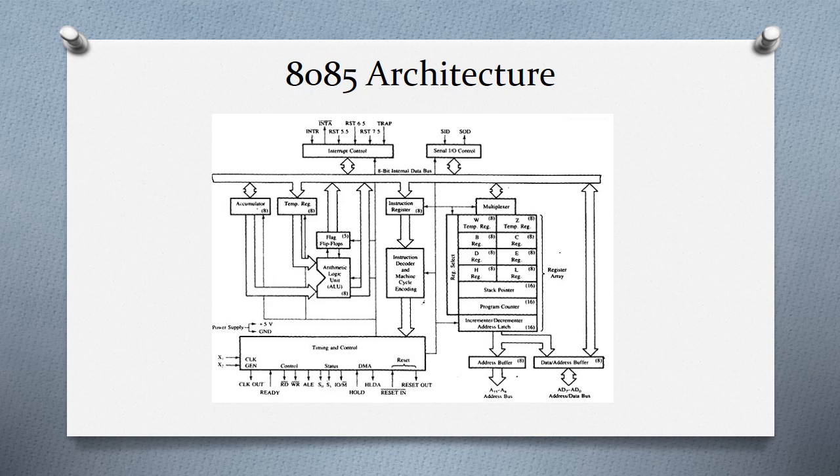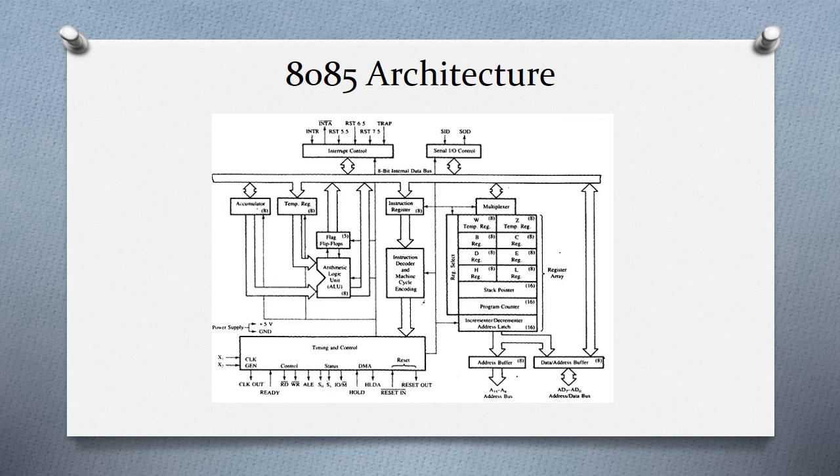When the processor executes an instruction, at the early part of the instruction execution, the address lines and data lines are multiplexed together. Once the memory or a register is selected, you will have a signal called ALE, the address latch enable signal, which will separate, or demultiplex, the address and the data lines.